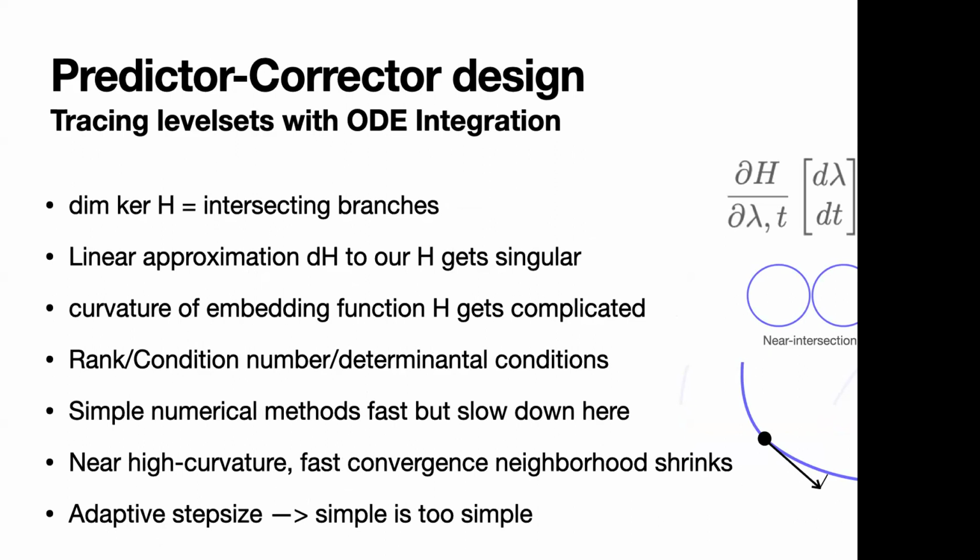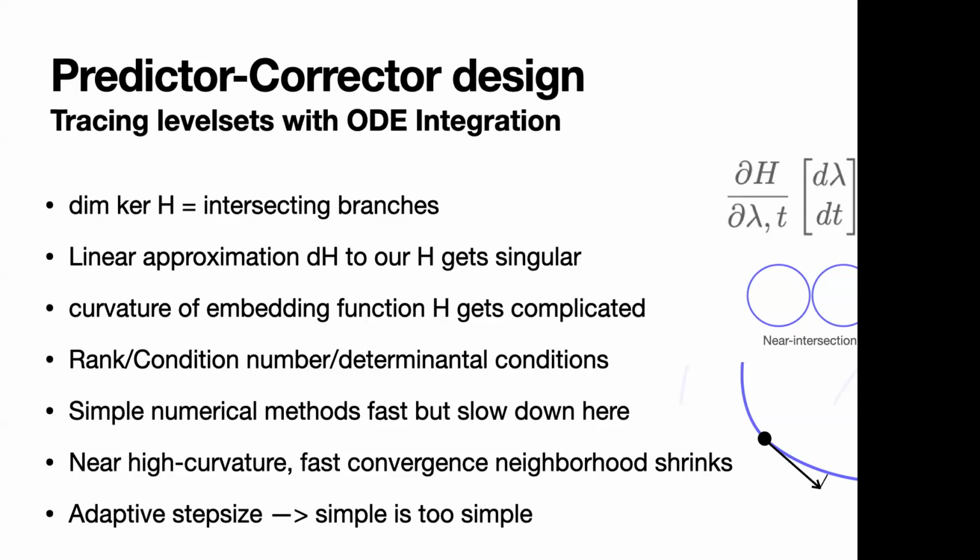We can also think about the curvature of the embedding function of that surface, of which this is a level set. Near here, it's going to have high curvature outside of C, right? So that gets complicated.